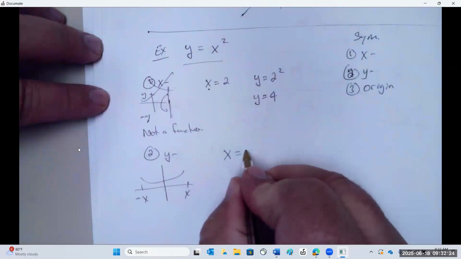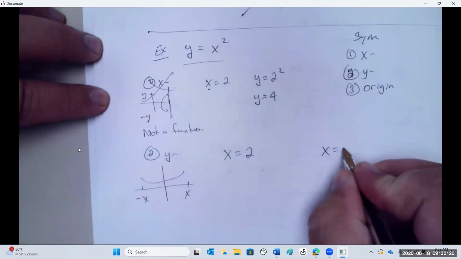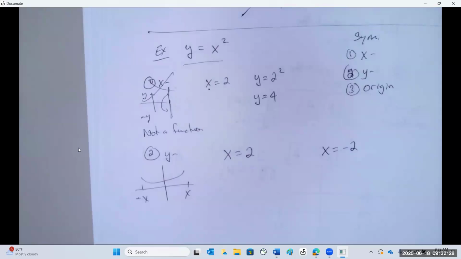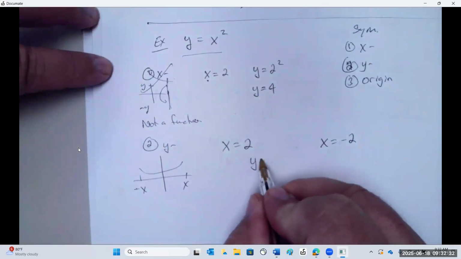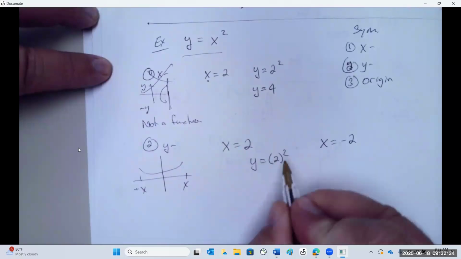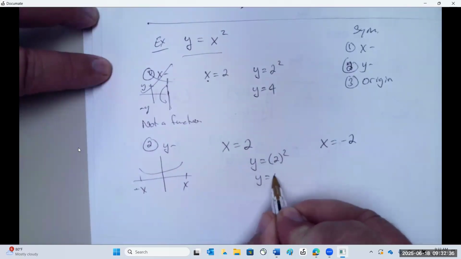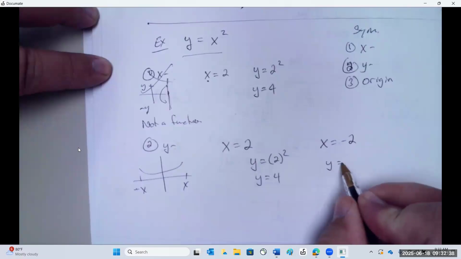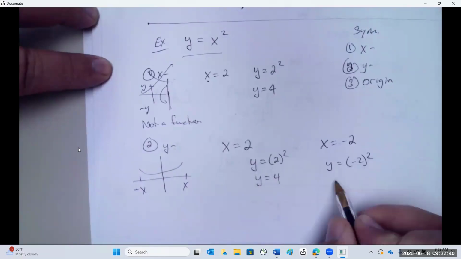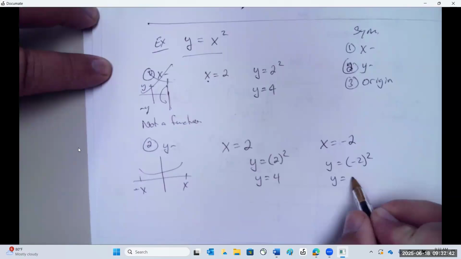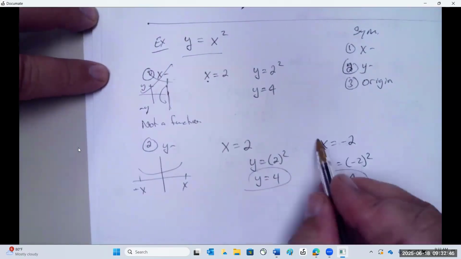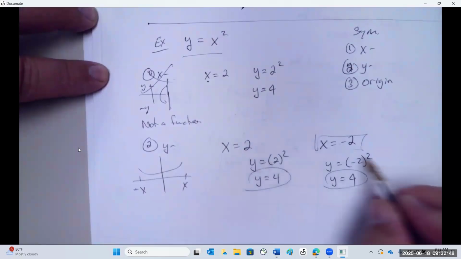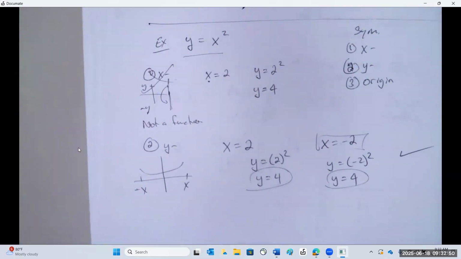If I put x equals 2 and x equals negative 2 in there, do I get the same y value? y equals 2 squared. What is 2 squared? y equals negative 2 squared. What is negative 2 squared? 4. They're the same. So yes, it's symmetric about the y-axis.